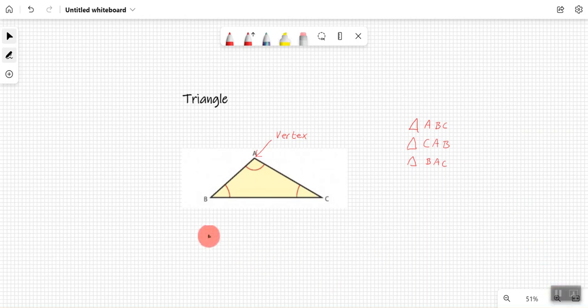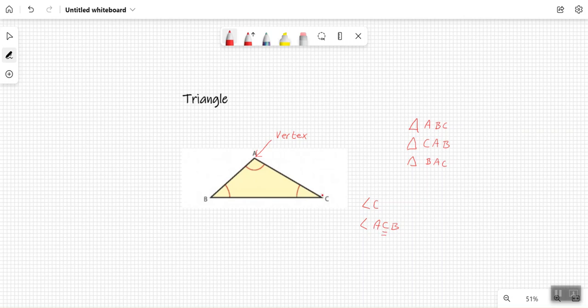Then you need to be able to name the angles at each of the points or each of the vertexes. So for example, if I wanted to name this angle here, we could call it the angle C, or we could call it the angle ACB. If we use the 3 letters, the angle is on the letter that's in the middle.